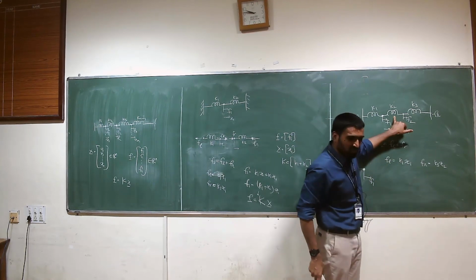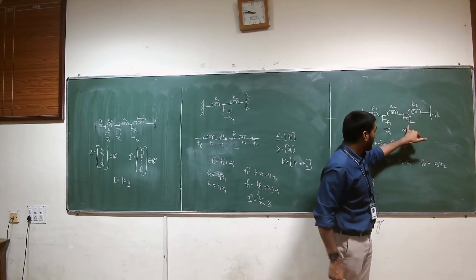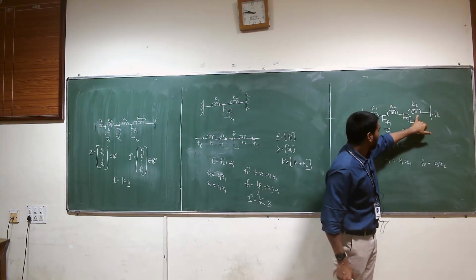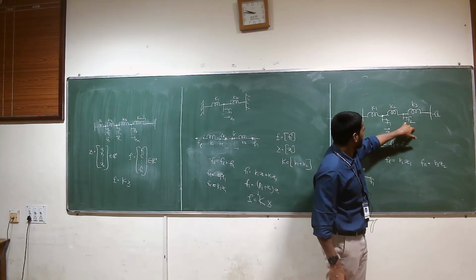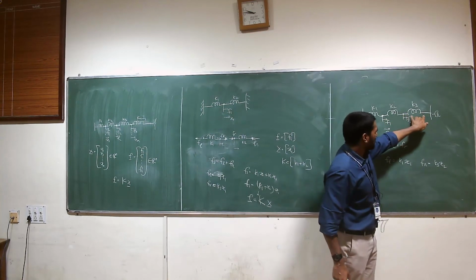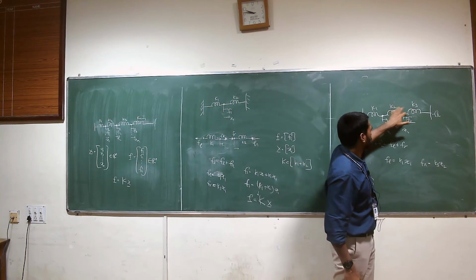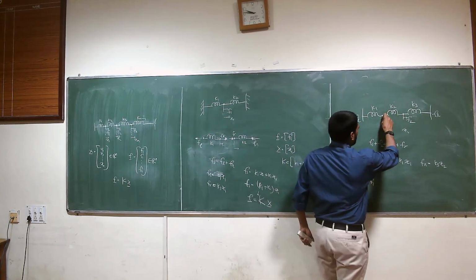We don't know what is happening to the spring. The spring could be getting compressed or extended, depending on how much force you've applied here and what the spring constant K3 is. If this is very stiff and you apply some force here, this is not going to compress a lot. So this one will end up compressing depending on whether K2 is very small compared to K3. So we don't know. All we know is this.